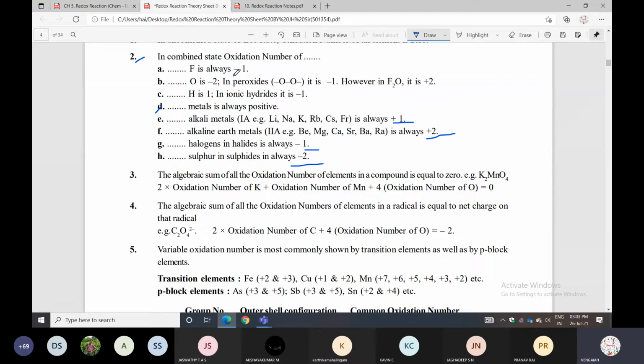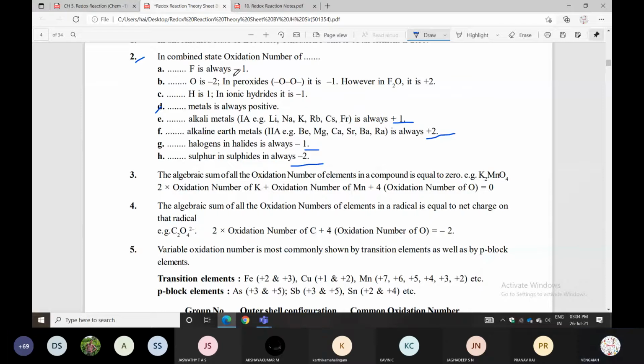Fluorine is always -1, oxygen is -2, in peroxide -1, hydrogen +1, metals always positive, alkali metals +1, alkaline earth metals +2, halogens -1, sulfur -2.